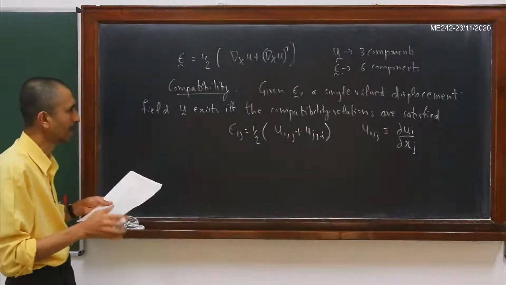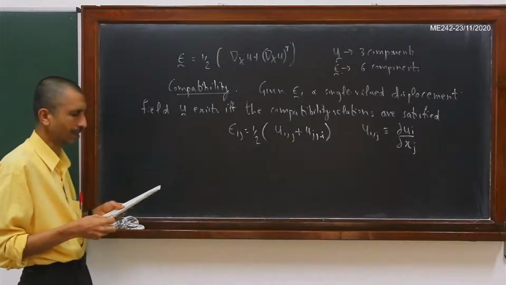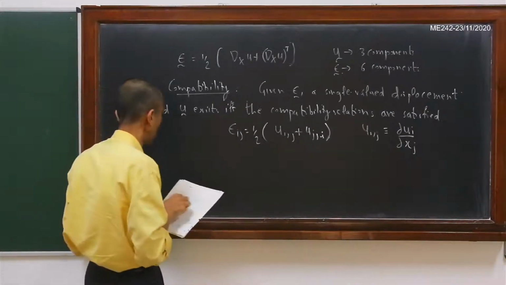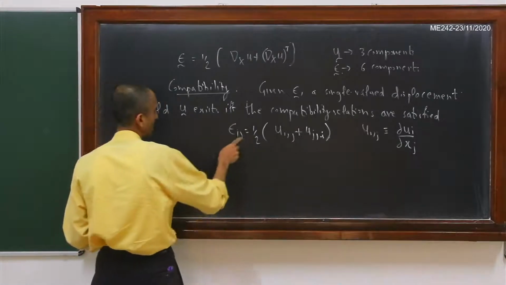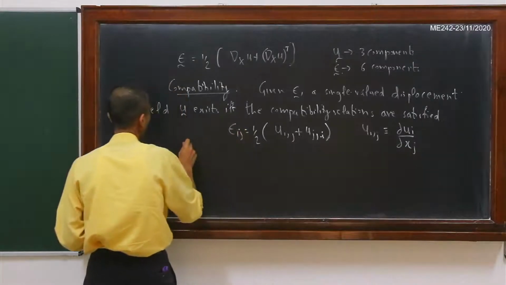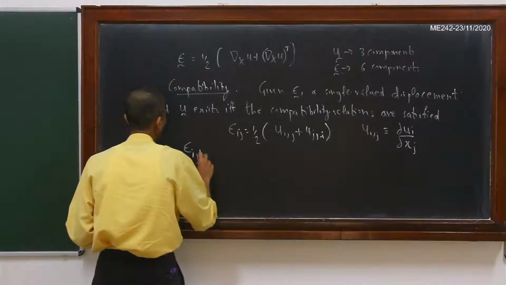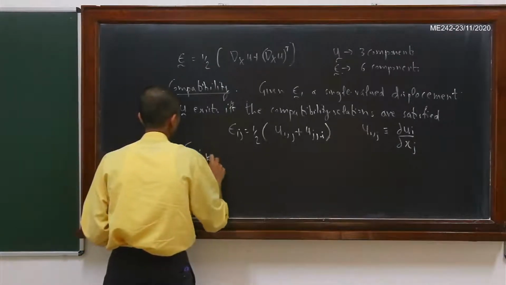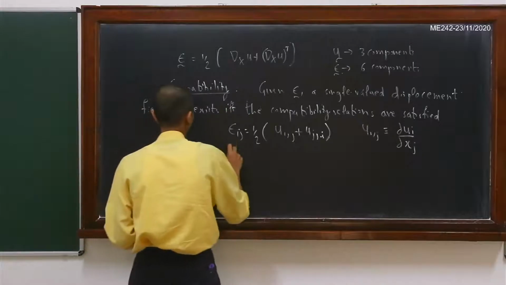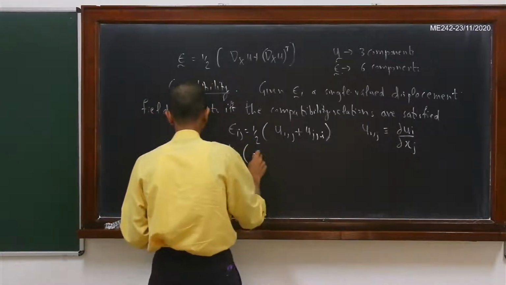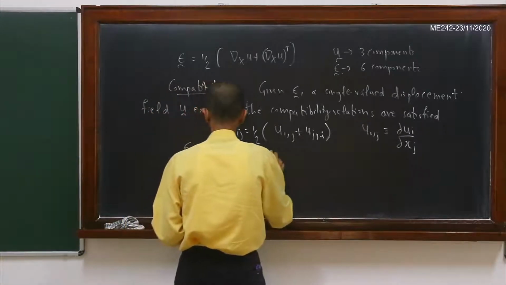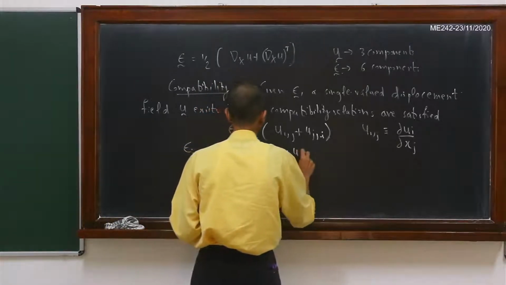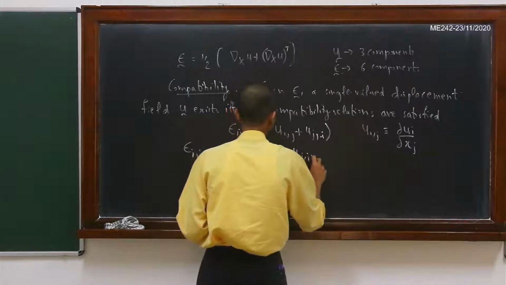We'll use this comma notation because it simplifies the notation here. Now if I differentiate this epsilon ij with respect to k and l, so epsilon ij comma kl is equal to half of u i comma j k l plus u j comma i k l.